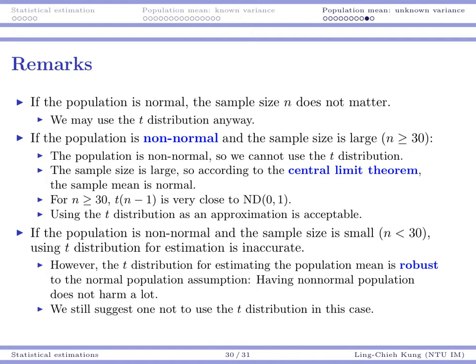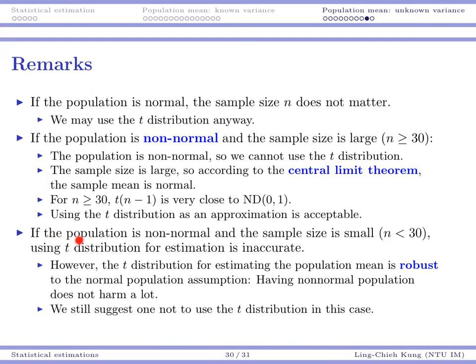So all we will do is to just use the t distribution as an approximation, and in some sense assuming that the big sample size can solve the problem with non-normality. Okay? So if your sample size is large enough, you will just ignore the distribution of your population and just go with your t distribution. Just go with the steps illustrated in the previous slide.